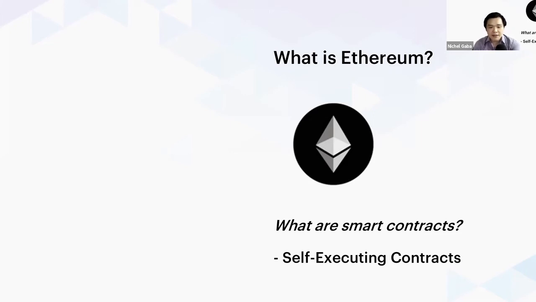The only thing that the Bitcoin ledger can do is keep track of how many Bitcoins a particular wallet holds. That itself is not very useful for other applications. Now, Ethereum is a platform that allows developers, allows entrepreneurs to create services using distributed ledger technology.